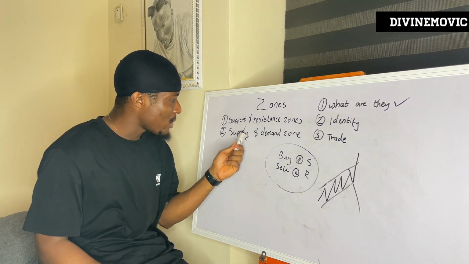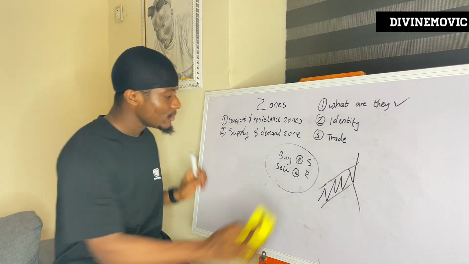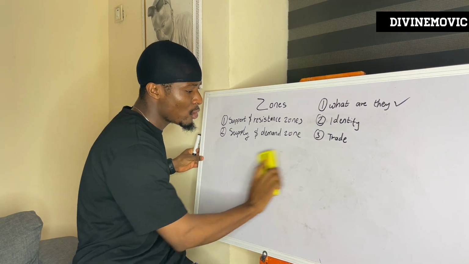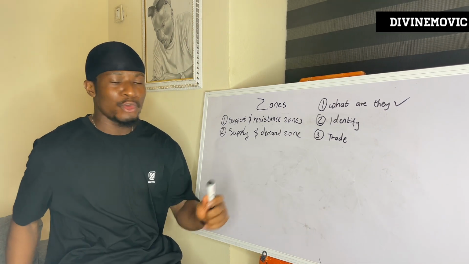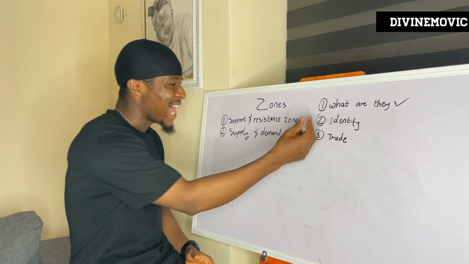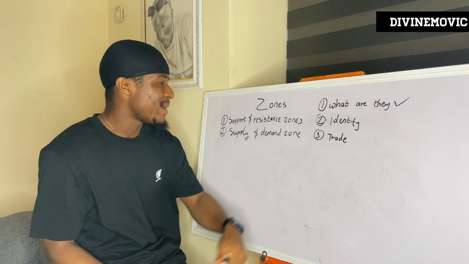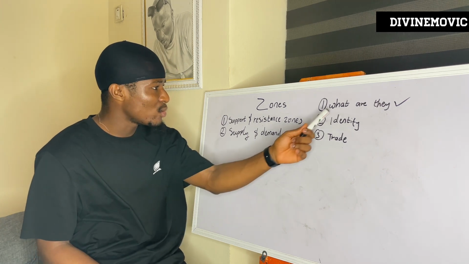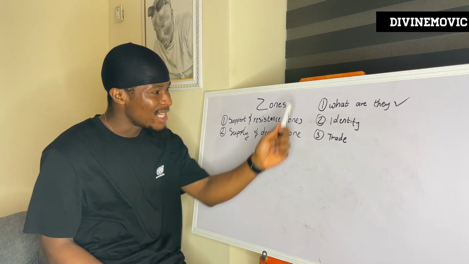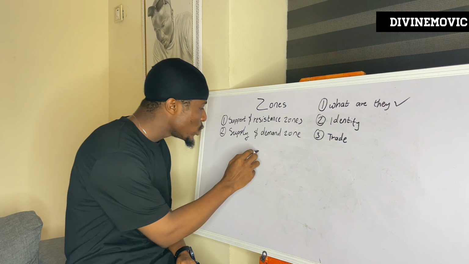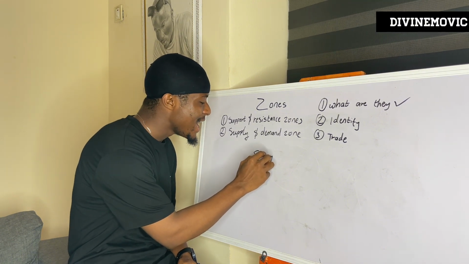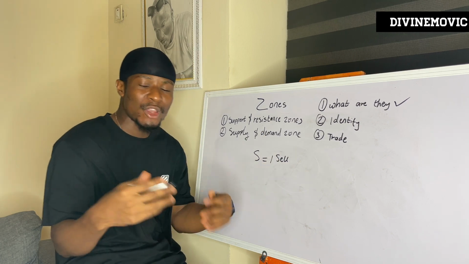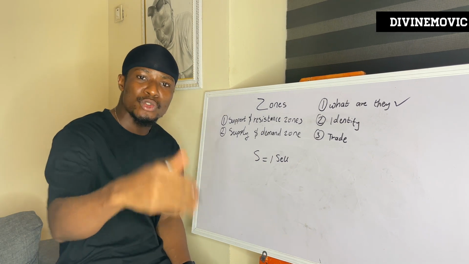Let's go to the second one, which is supply and demand. For us to understand supply and demand, we simply need to follow this principle here, which is: what are they, how do we identify them, and how do we trade supply and demand? First, let's talk about what a supply and demand zone is. Supply zones are simply zones where there are large sell orders that need to be triggered into the market.